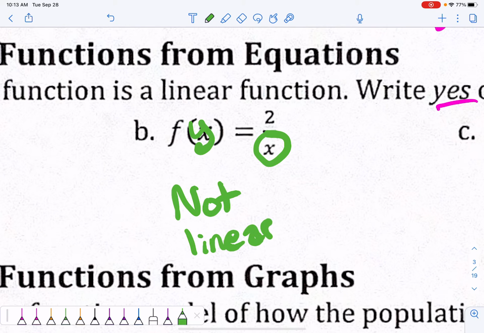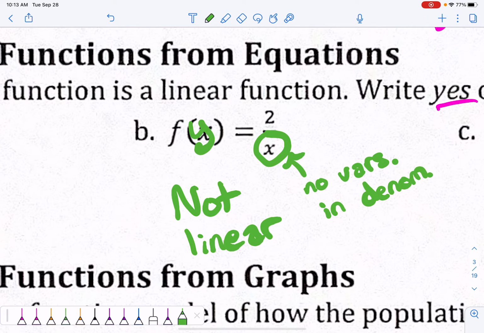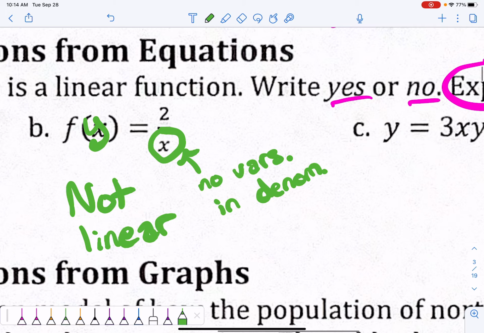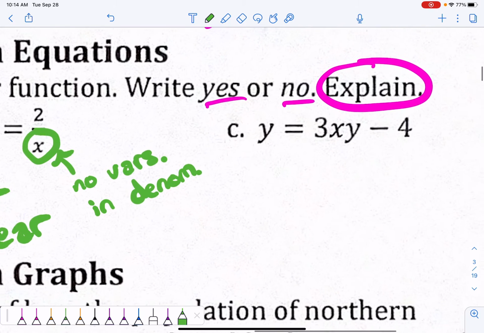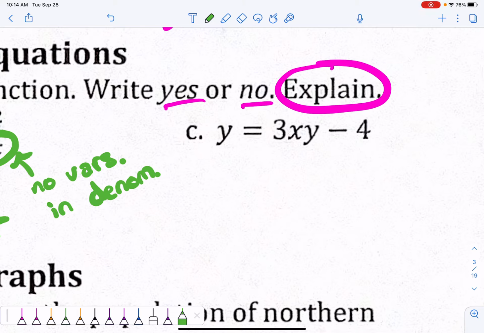Okay, and I would just point to that and say the x is bad, but for an explanation, we would say no variables in the denominator. And I'm kind of abbreviating, so if you want to do that as well. So no variables in the denominator, that's what is the bad part, okay? Part C, y equals 3xy minus 4. We don't want to have two variables multiplied together, so not linear as well.